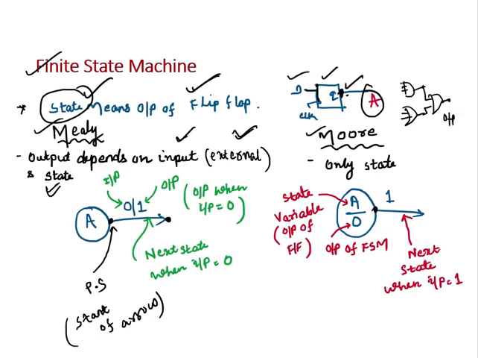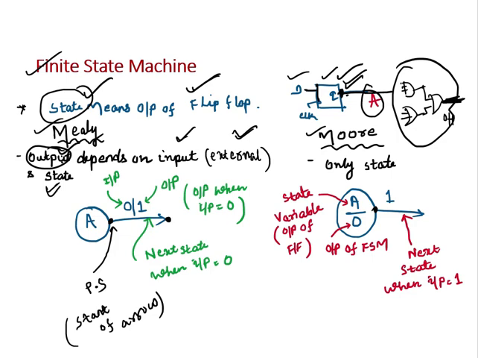Here, output doesn't mean the output of a flip-flop. Output means the output of a FSM, finite state machine. Output of a flip-flop and output of FSM are two different things. So this output of a flip-flop is fed to, let's say, another circuit. Then we get the output, and this output is called output.